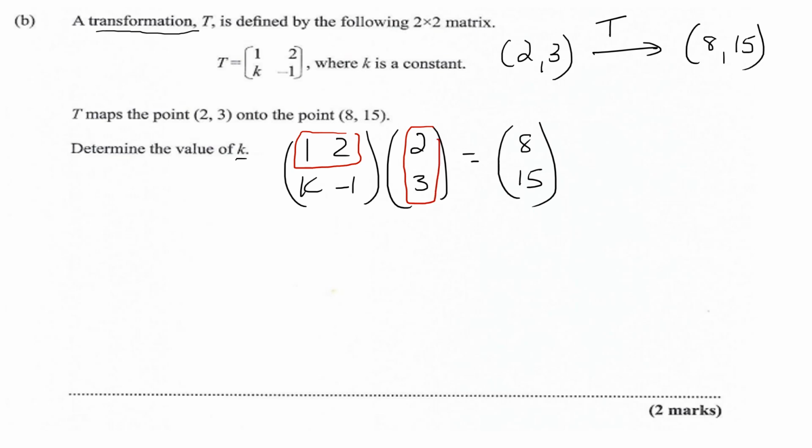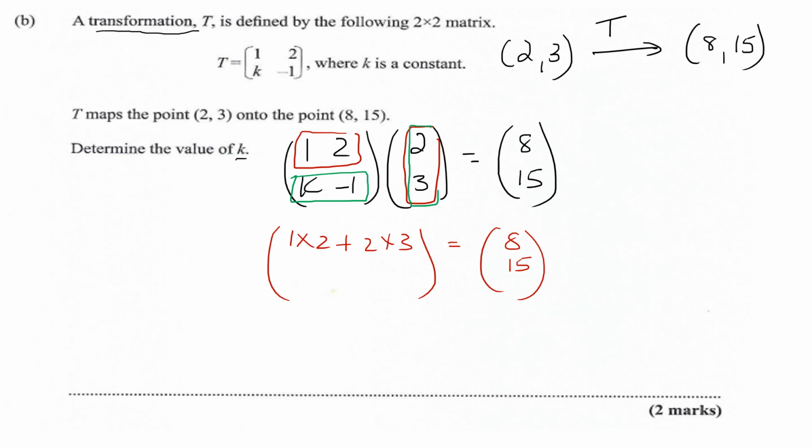So that will be 1 times 2 plus 2 times 3 equals 8, and then k times 2 plus 3 times negative 1.